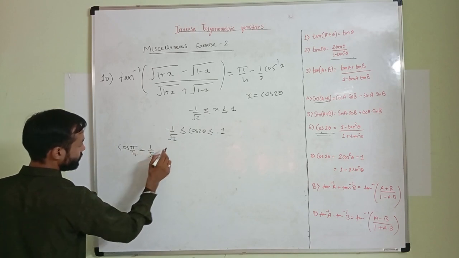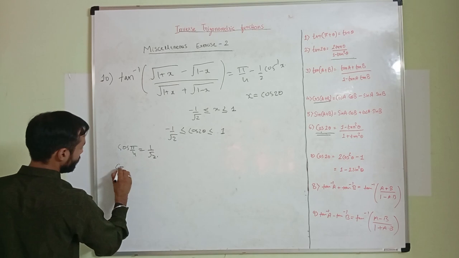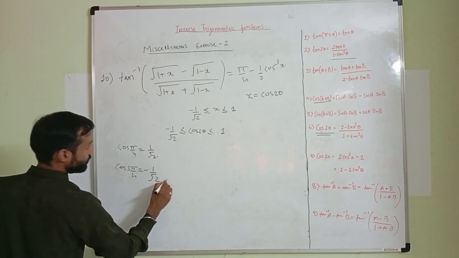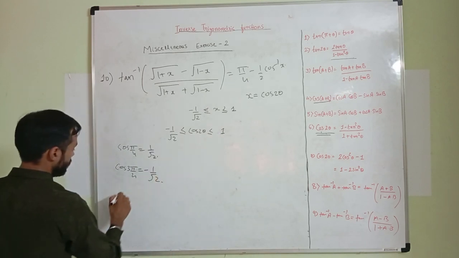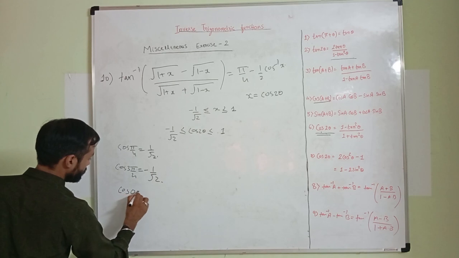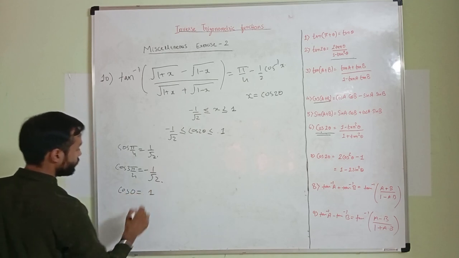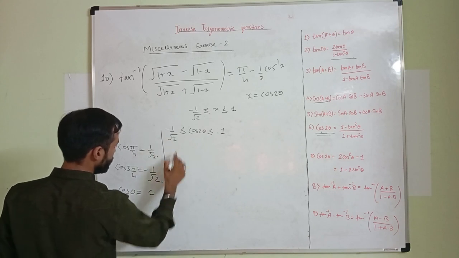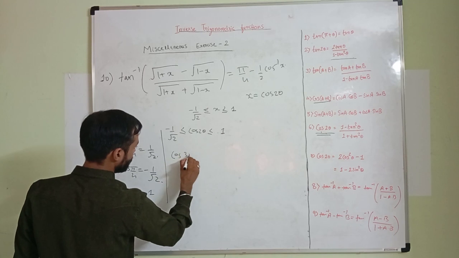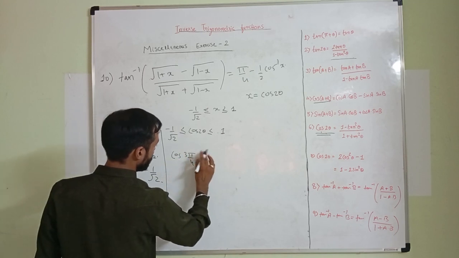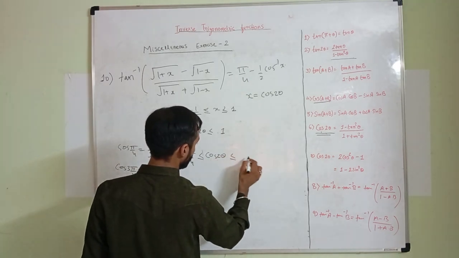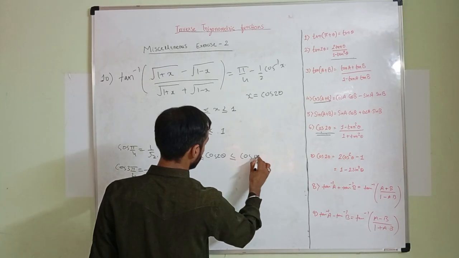So minus 1 by root 2 will be cos 3 pi by 4, and for cos 0 the value will be 1. So placing this in cos form, we get cos 3 pi by 4 less than or equal to cos 2 theta less than or equal to cos 0.